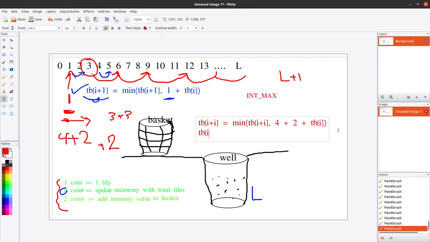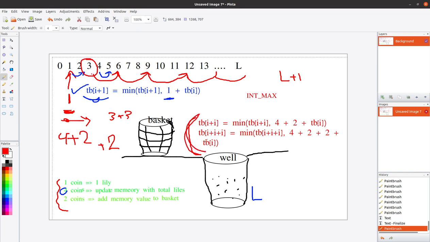So TB of I plus I plus I, this is the second jump, equals the minimum of TB of I plus I plus I, and 4 plus, now we spend not only 2, we spend 2 plus 2 plus TB of I, and we keep doing these jumps until we arrive at L. And notice we can do this in a for loop for these jumps.